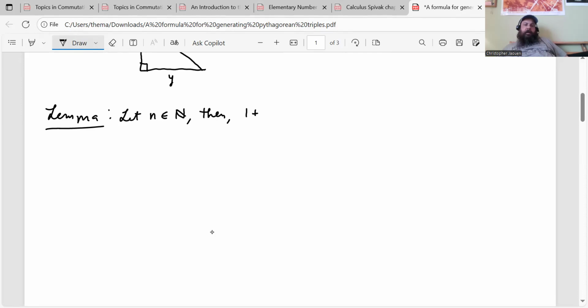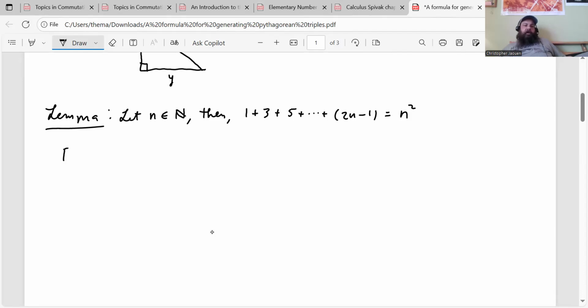Then if you add up the sum of the first n odd natural numbers, you always get n squared. So let's prove this real quick. You can prove this easily by using an inductive argument. And then I want to use this to derive a formula for the Pythagorean triples.